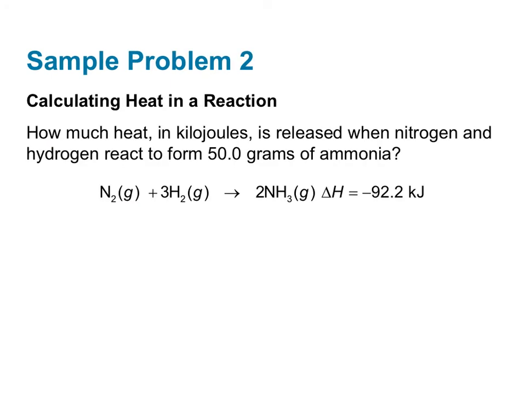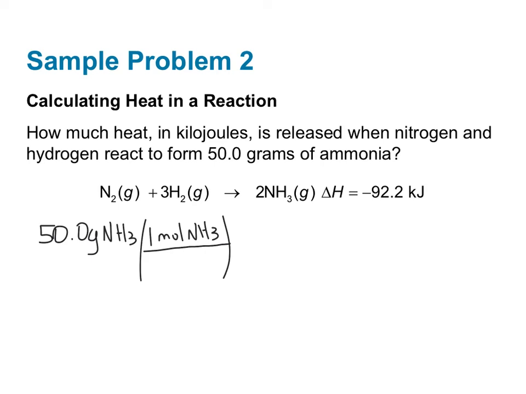So how much heat in kilojoules is released when we form 50 grams of ammonia? So I'm going to start with that 50 grams of ammonia. I'm going to use molar mass, moles of NH3 on top. Molar mass of NH3 is 17.03 grams. Then my grams of NH3 cancel, leaving me with moles of NH3.